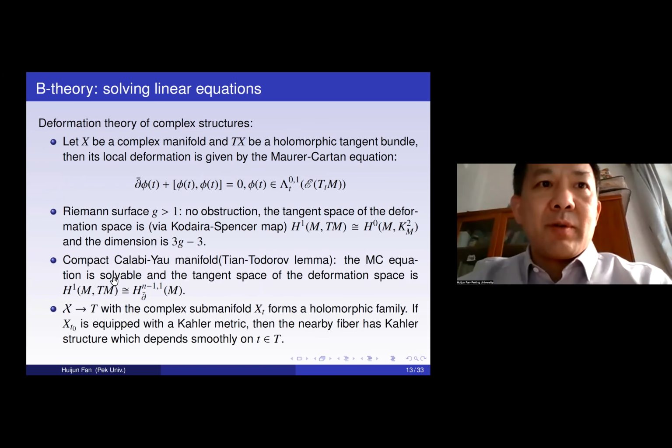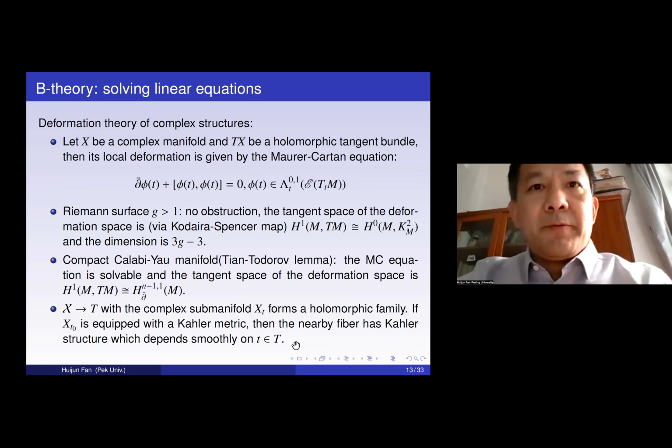Once you solve this Maurer-Cartan equation, you get a family of complex manifolds. So, for example, the X_t is a holomorphic family of complex manifolds. So each fiber X_t represents a manifold with a different complex structure.